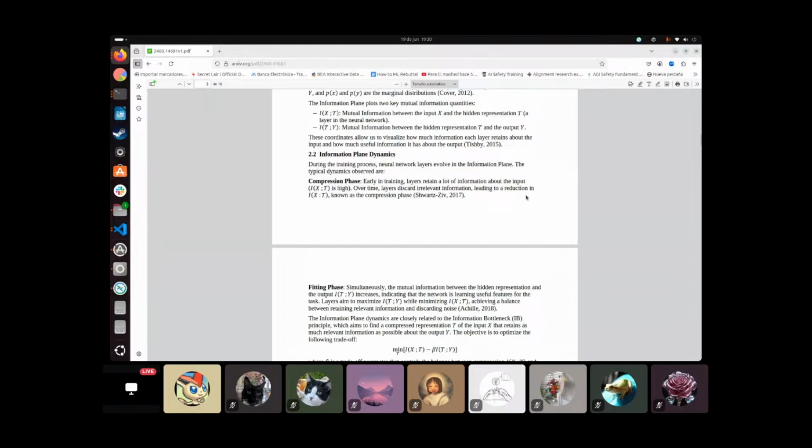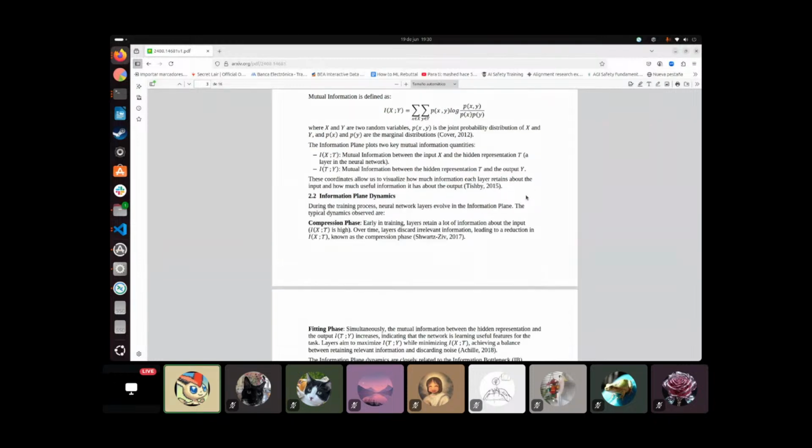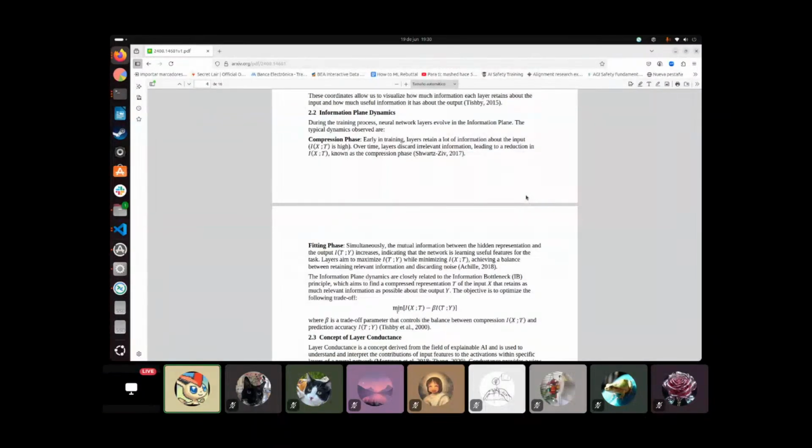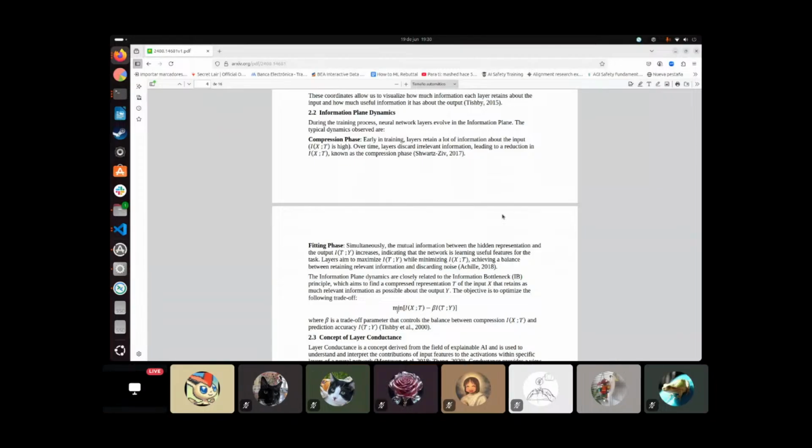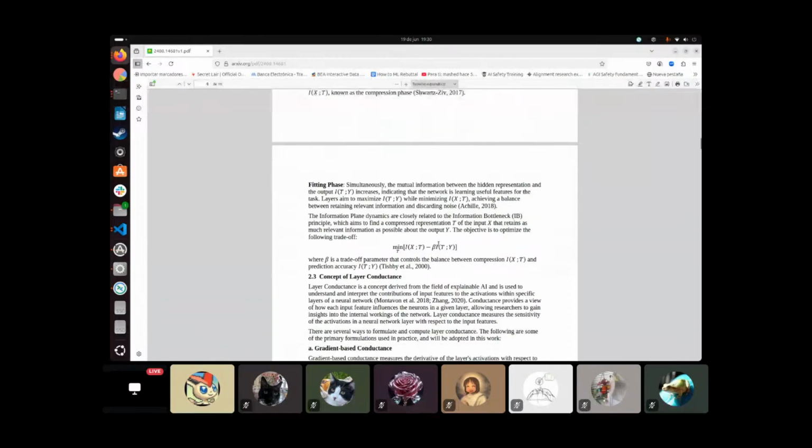I do wonder. Early in training, I would guess part of the reason the layers have a lot of information at the start is that, maybe not in whatever image models they use, but usually there are things like skip connections, and it makes sense that later the model learns to actually store things there that are not what the skip connections carry. So having a lot of information is kind of the default, I guess.